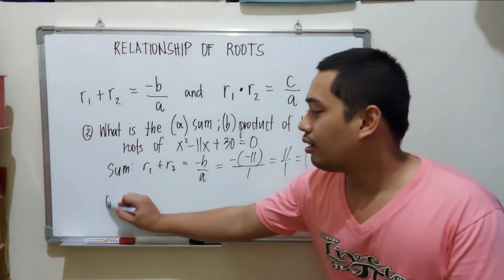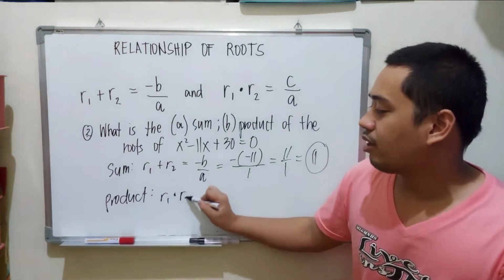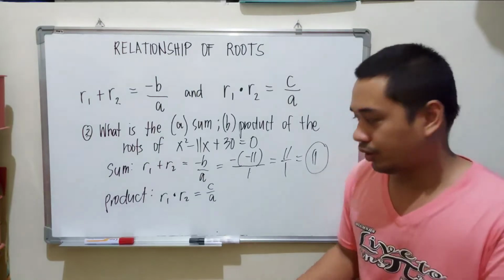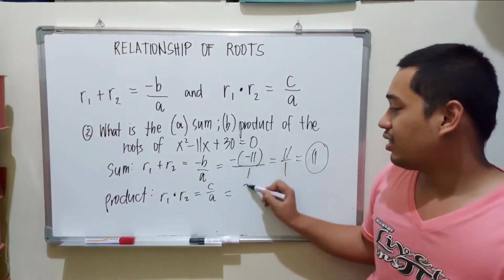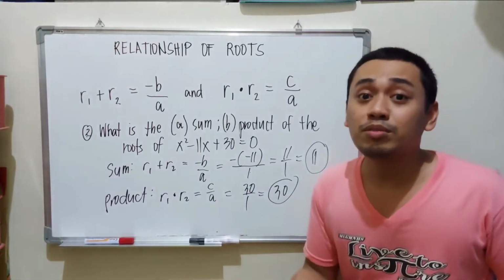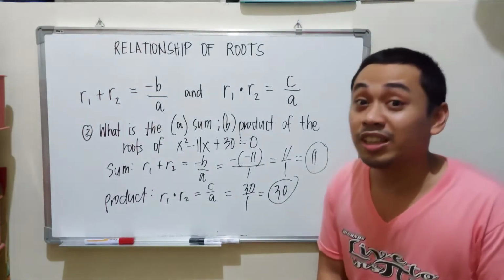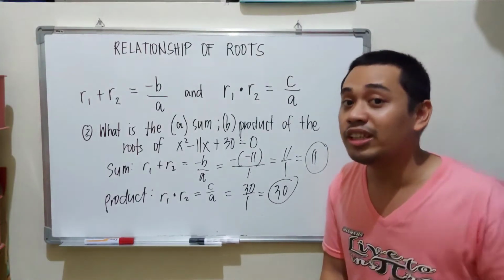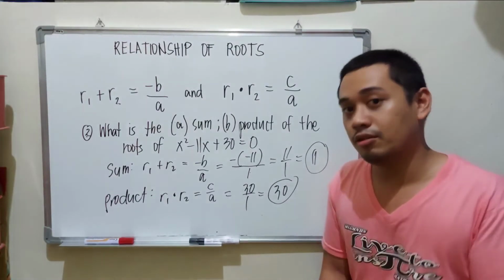Same with the product, we know that R1 times R2 is equal to C over A, or the last term over the first term. Then that is 30 over 1, or just 30. So we can observe here that the last term is already the product of the roots. Pwede mo nang i-take agad yon, then you already have the product of the roots.